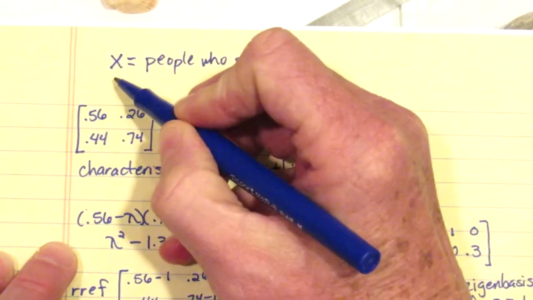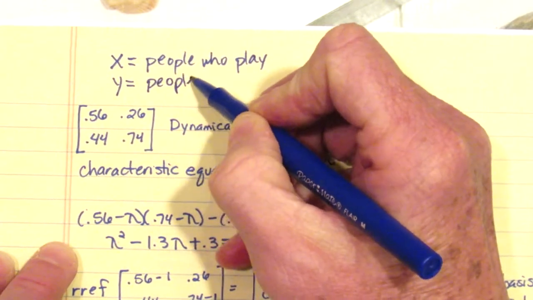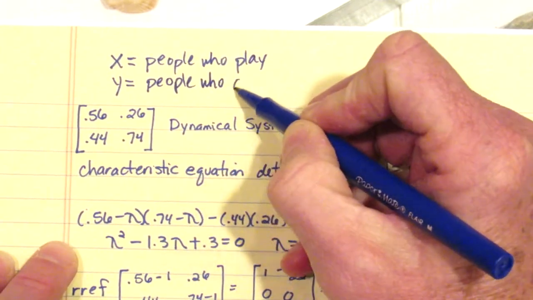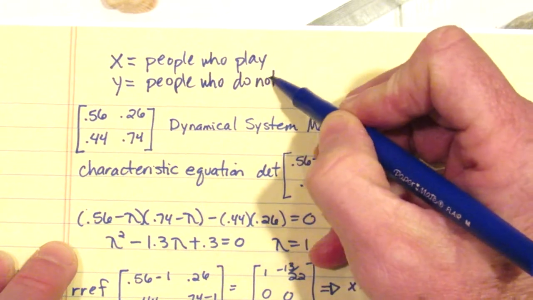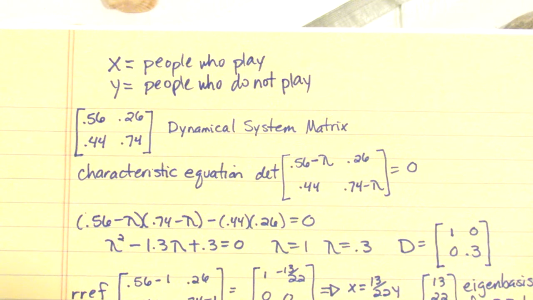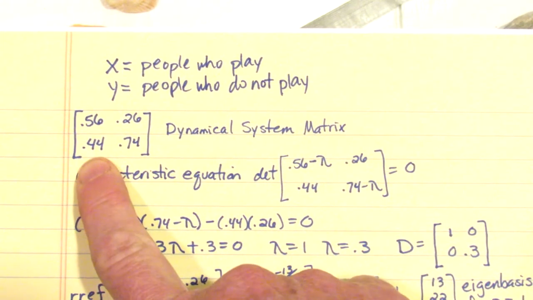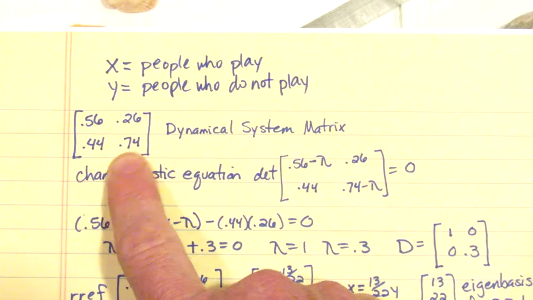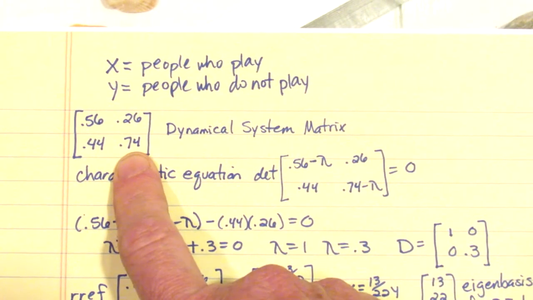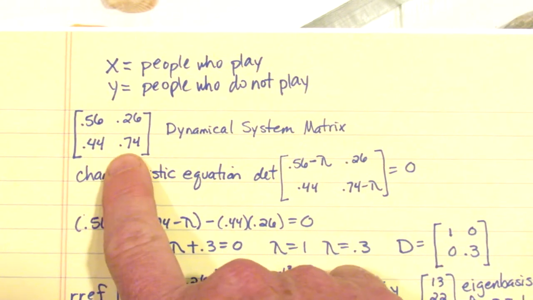And then Y, the second variable, will be people who do not play, you know, either they quit or they never took it up. So 44% of the people who were playing quit playing, and 74% of the people who never played still don't play. So that's where these values are coming from.